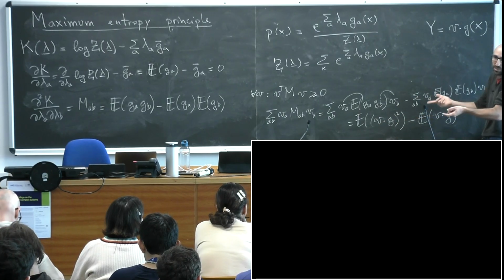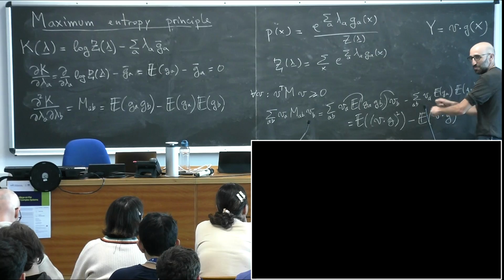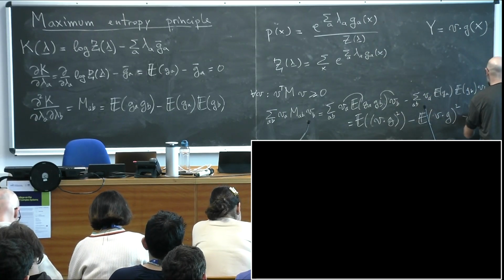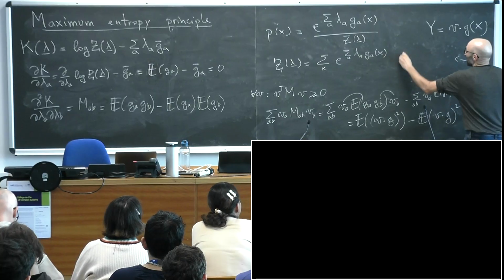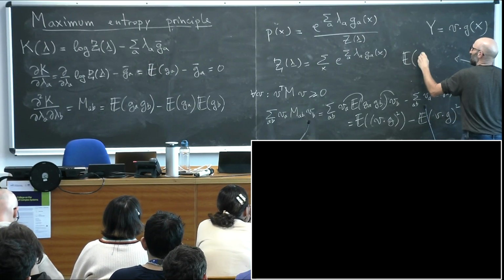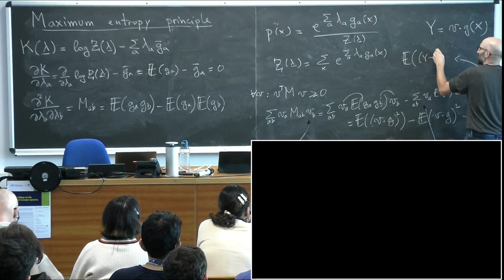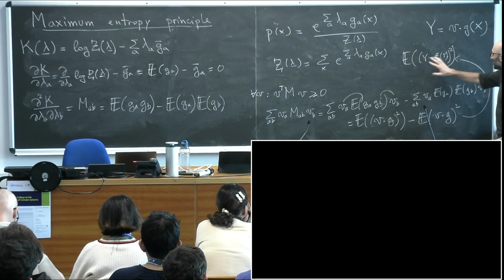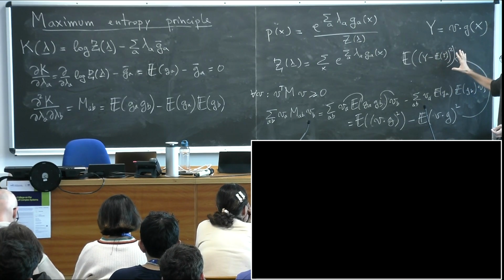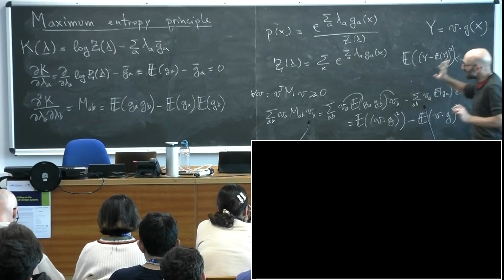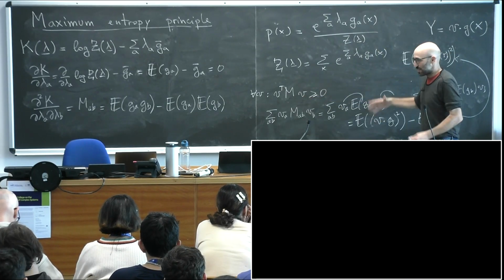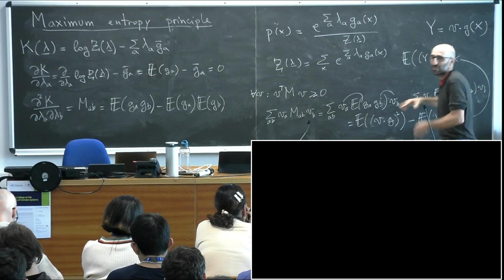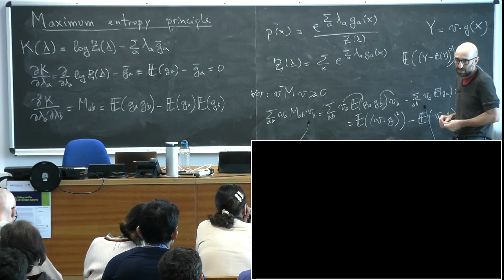You complete the square, and you can write this as the expectation of (y minus the expectation of y) squared. So it's the expectation of a square, which is positive. Okay? So for any vector v, the matrix M contracted with the vector v is the variance of something, so it's positive.